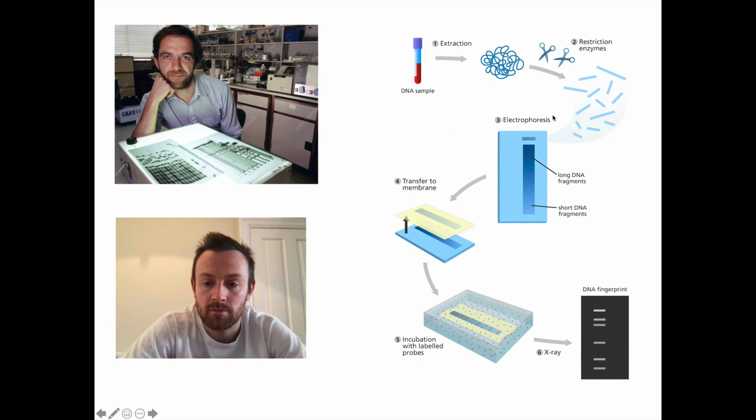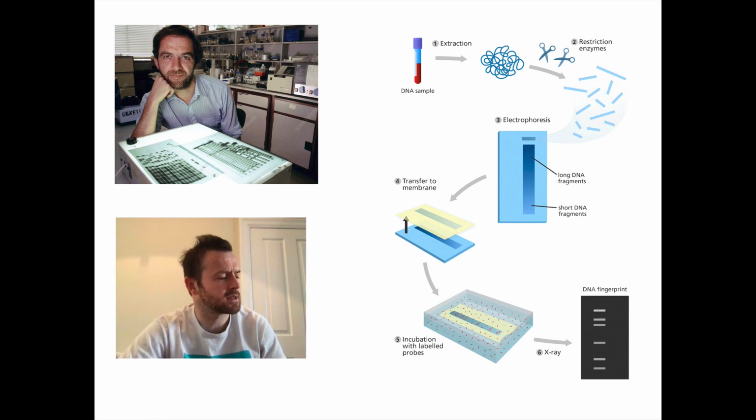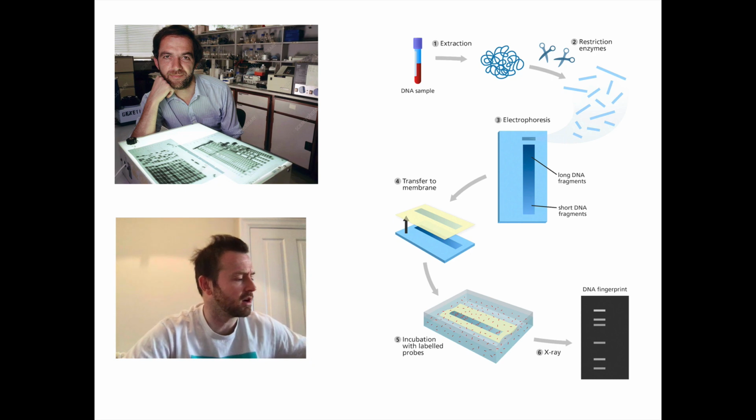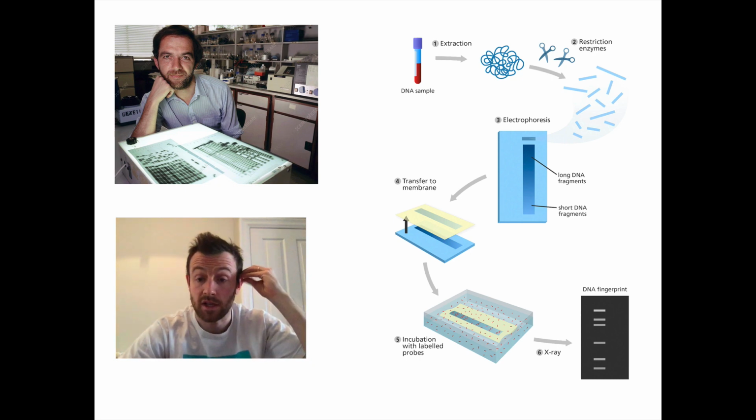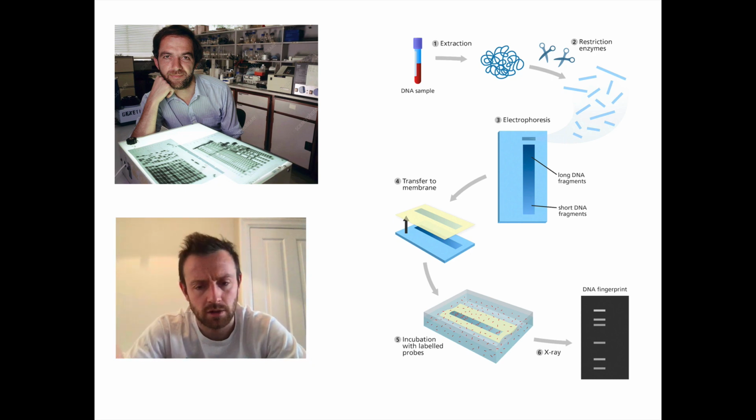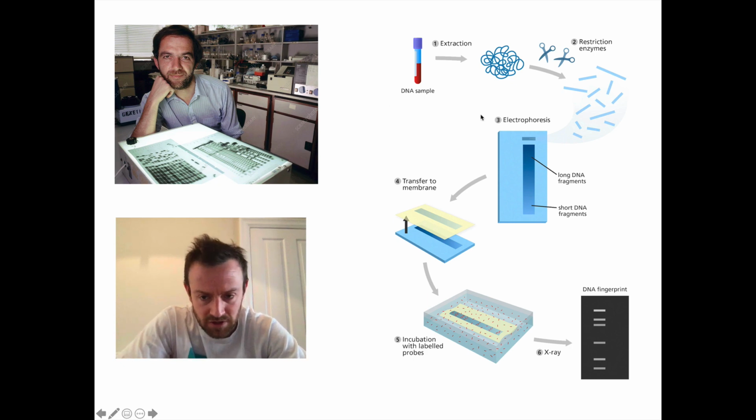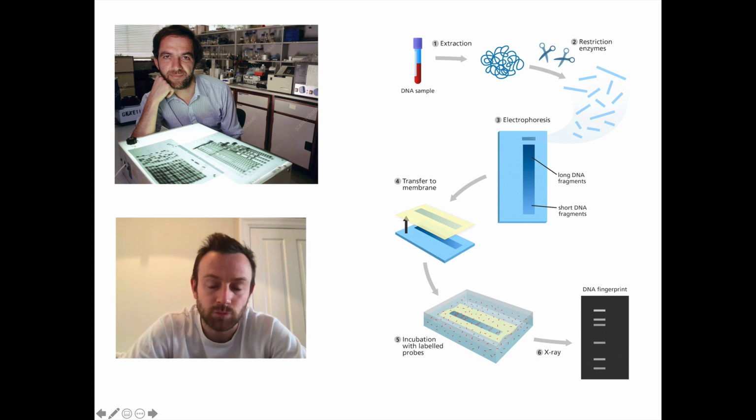Then he separated them by gel electrophoresis. We've met this a little bit already when we were looking at our topic of DNA sequencing the other day. I'm going to go into more detail next lesson. So he used gel electrophoresis to separate those fragments. And then he used a special form of staining to produce this pattern.